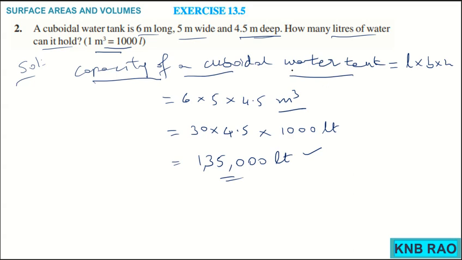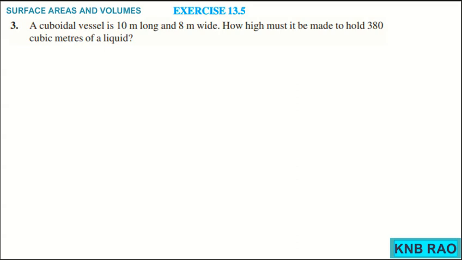Moving on to question number 3. A cuboidal vessel is 10 meter long and 8 meter wide, and here we are already given the capacity of it. How high must it be made to hold 380 cubic meters of liquid?